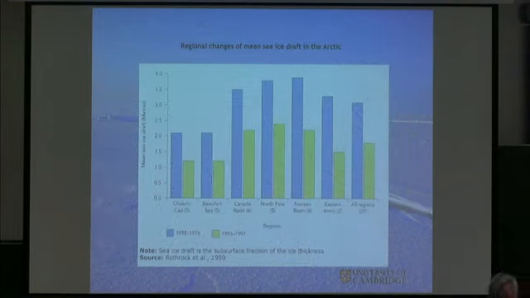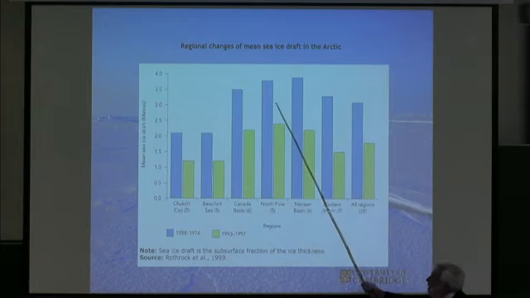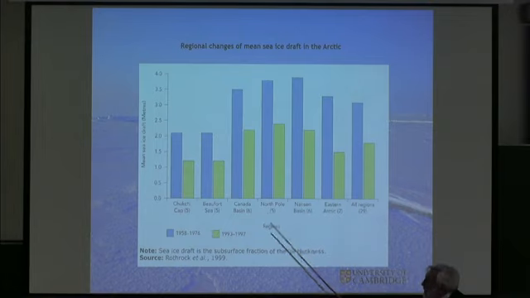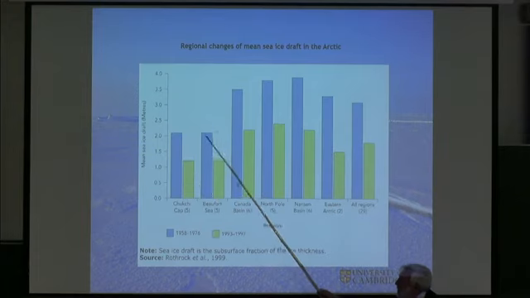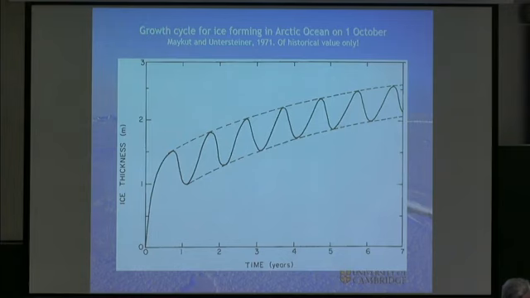Comparing data with American data from every sector of the Arctic, we find a big loss of mean thickness between the 50s and 60s and early 70s, which were the earliest cruises, and then the late 90s, which has got worse since then. The thinning of the ice is actually more important in terms of volume loss than the shrinking of the ice cover.